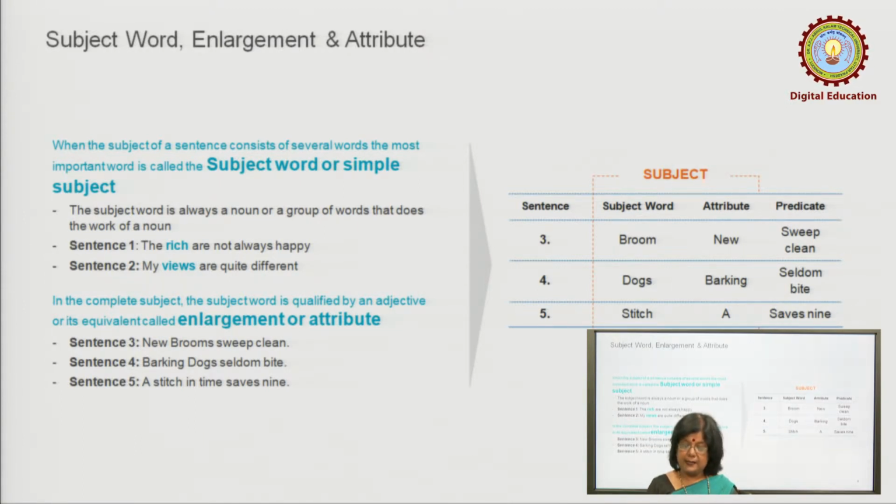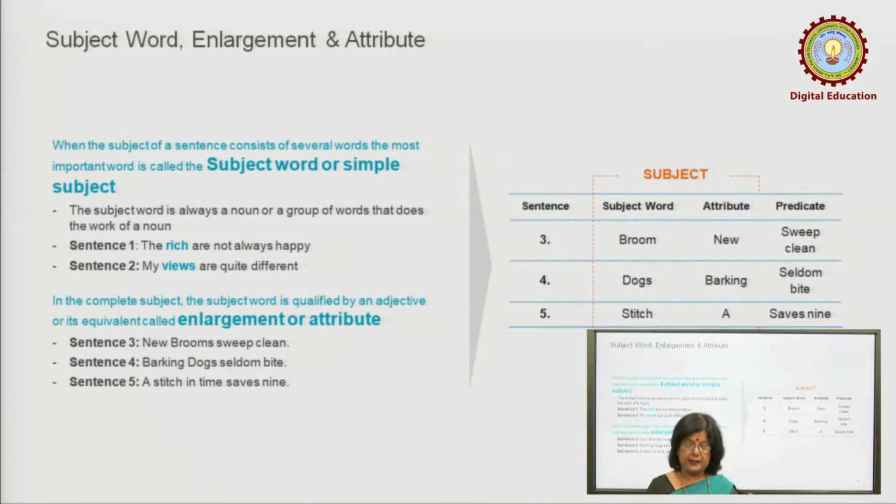So, in sentence 2, the words can be divided in the following categories. Barking dogs seldom bite. Just see the example here in the fourth sentence. So, the subject word will be dogs, barking will be the attribute, and predicate will be seldom bite.